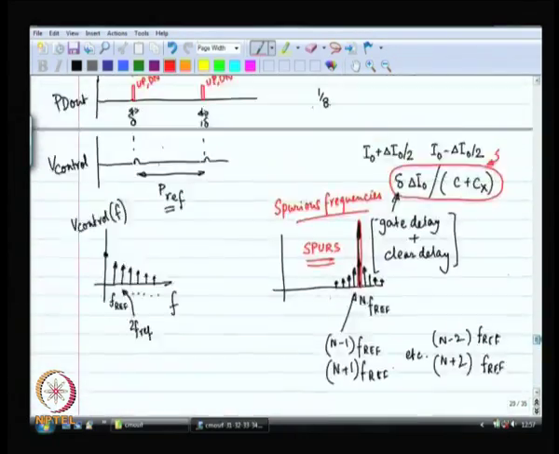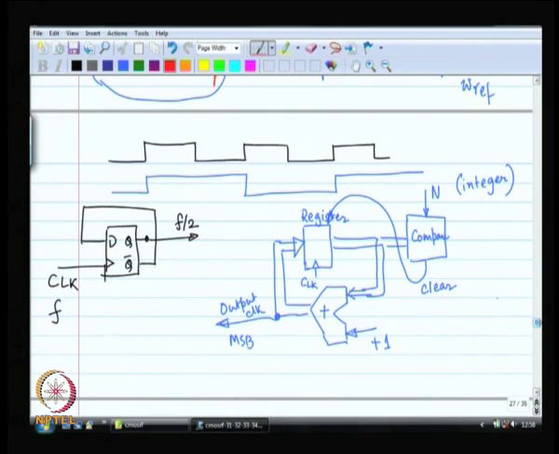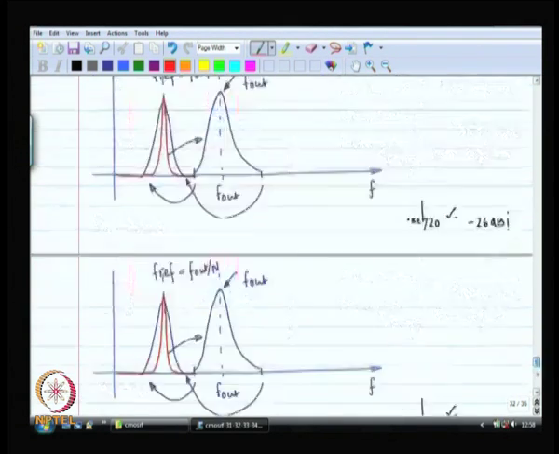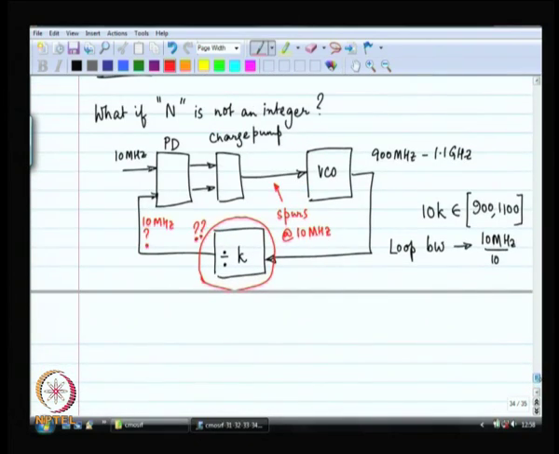This is what we had done to make the division, right, and this is not going to work with non-integers. So, this is a problem. How are we going to make this division by k? Everything is fine in theory, on paper it looks like this is going to perform better.